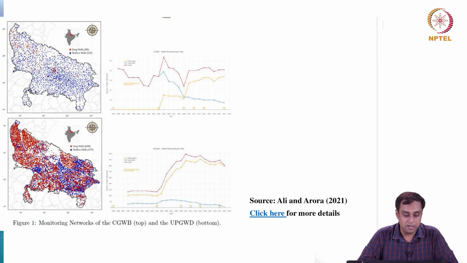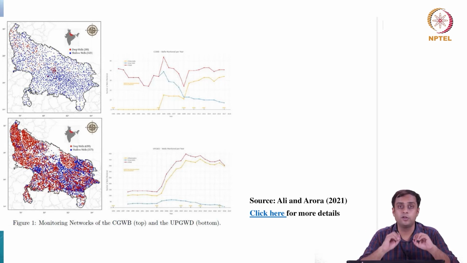Similarly, you have a groundwater monitoring network of the Central Groundwater Board and the Uttar Pradesh Groundwater Board here, and each dot is nothing but a monitoring well owned by the groundwater monitoring agency. You can see how they are distributed in space.